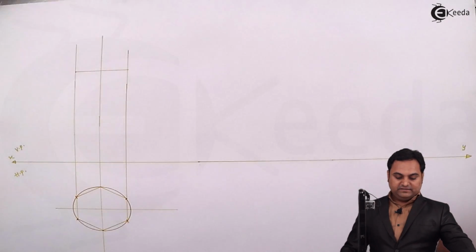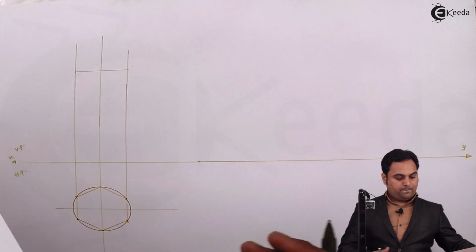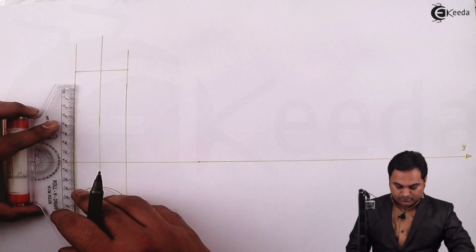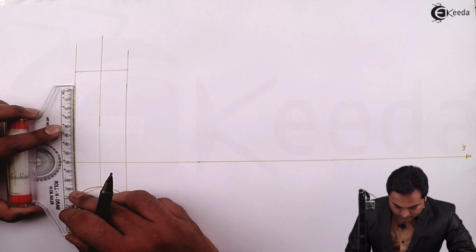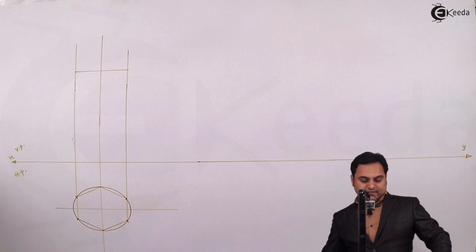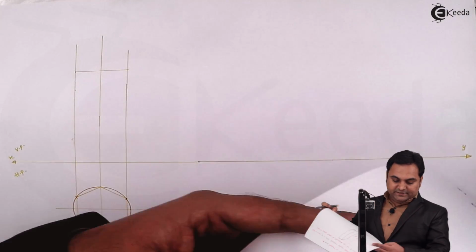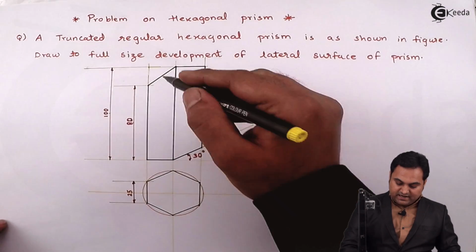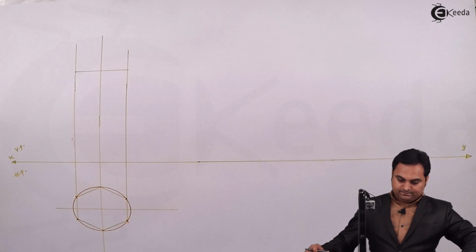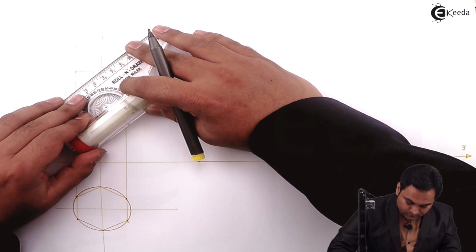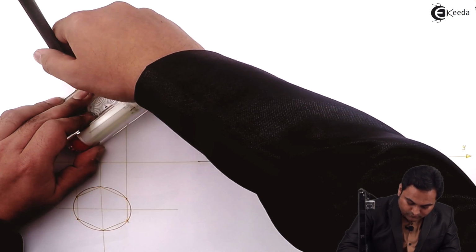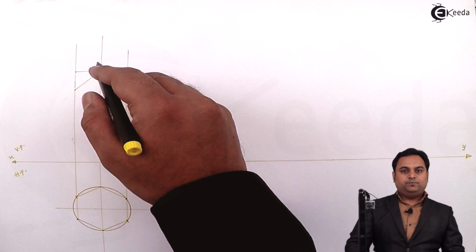So here I'll measure that distance, and then with this height it is connected exactly at this center, so I'll join that. So this is the upper cut portion.